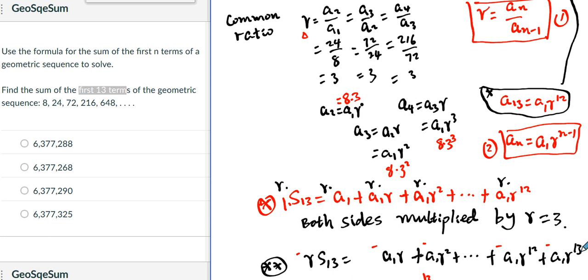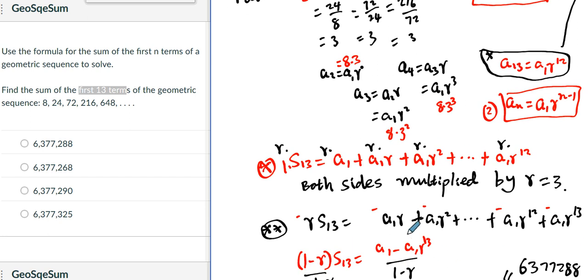That's on the right-hand side. So the right-hand side is A1 subtract A1 times r to the 13th power. That's the right-hand side. The left-hand side is S13 subtract r S13.